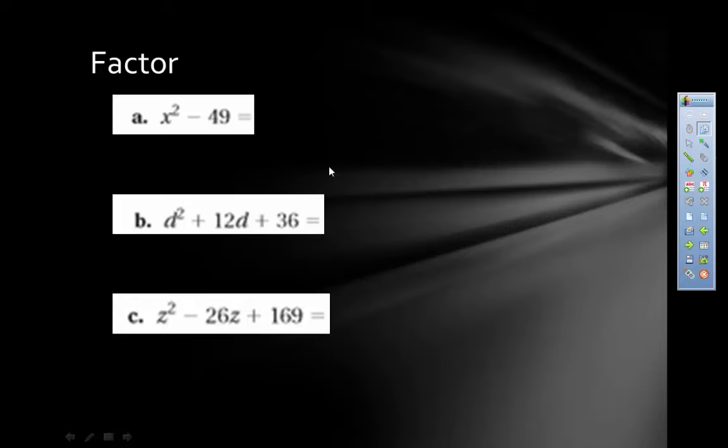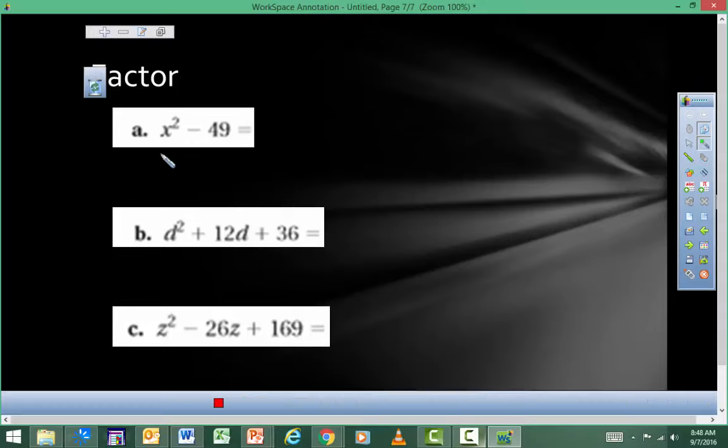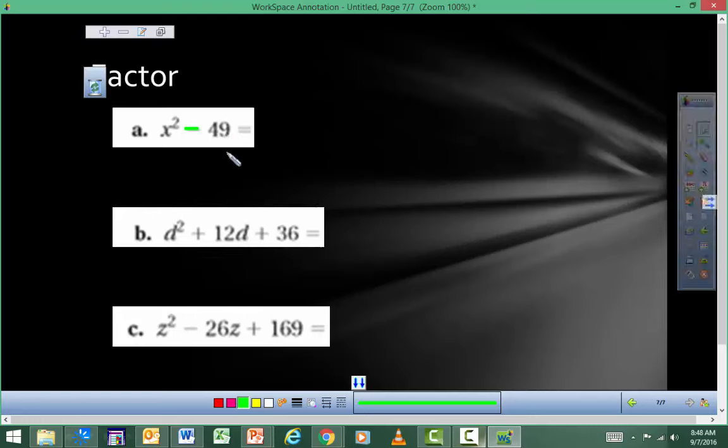Okay. So this first one you should recognize is a difference of two squares. Let me switch colors to white. Mentally in your head, you should see this as x, the quantity, squared, minus 7, the quantity, squared.